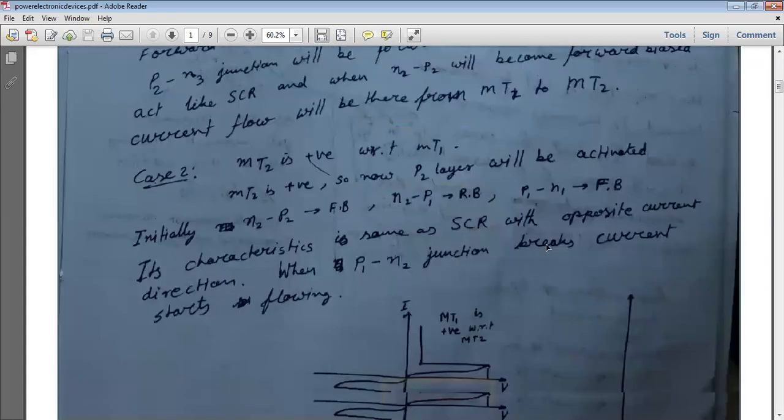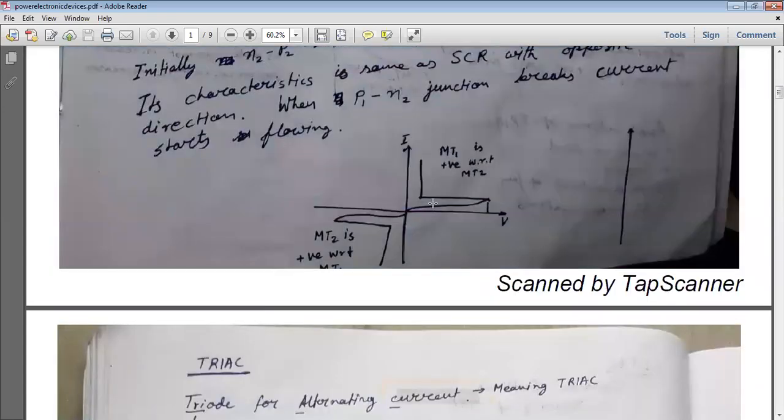In this curve also we are showing this: from 0 to a certain amount of voltage it will block the current. Then when a certain amount of voltage is applied, that reverse biased junction will be broken, and with that breakage the total current will flow from MT1 to MT2, and it will instantly come to the conduction state like an SCR.